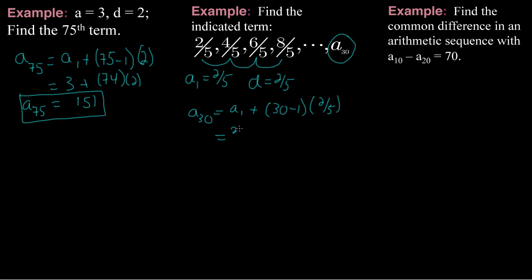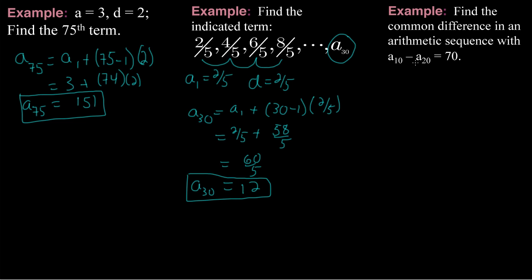Well, the first term was 2/5, and when I take 29 times 2/5, I get 58/5 for a total of 60/5, which simplifies to 12. So the 30th term is 12. So two examples of how to find the nth term of an arithmetic sequence.